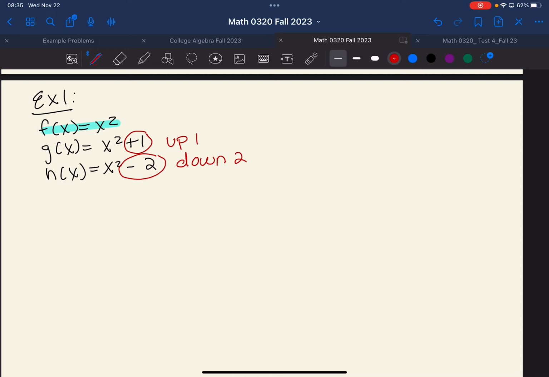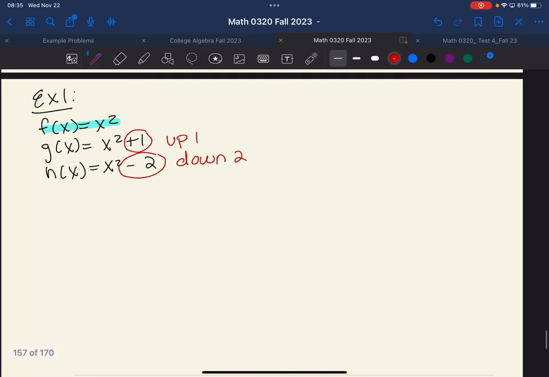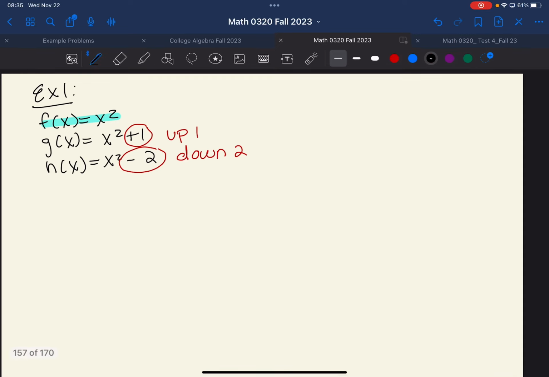So in order to graph this, I'm going to create a table for each one. And on the notes, I leave you space on the sides to create that table. So starting off creating a table, I am going to have whatever values I want to plug in for x. I'm always going to stick with 1 positive, 1 negative, and a 0.